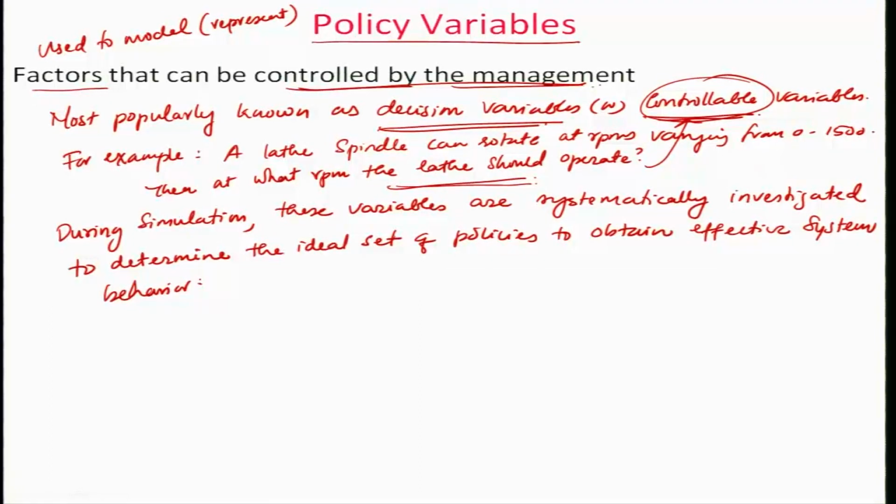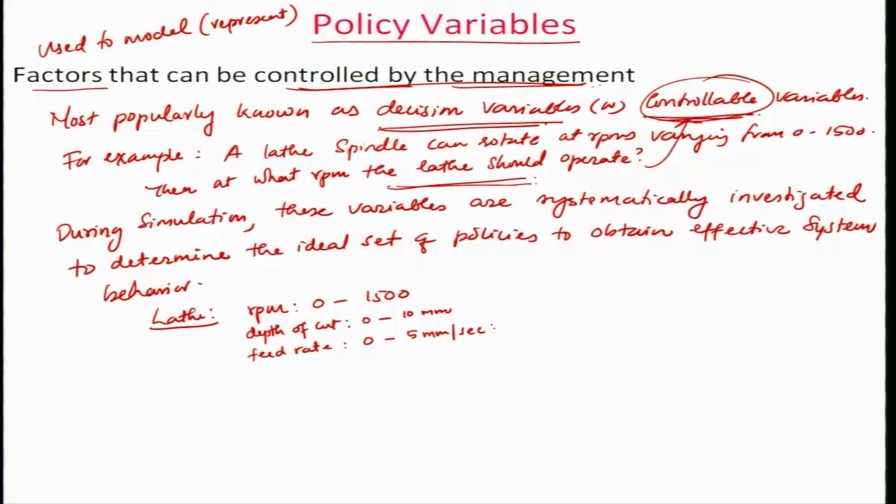So, let us take the example of the lathe again. In the lathe, the things that you can decide are: RPM, varying between 0 to 1500; then the depth of cut, which can vary from, let us say, 0 to 10 mm; and then the feed rate, which varies from 0 to, let us say, 5 mm per second.